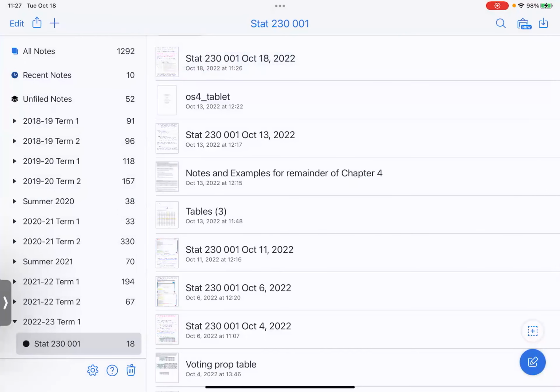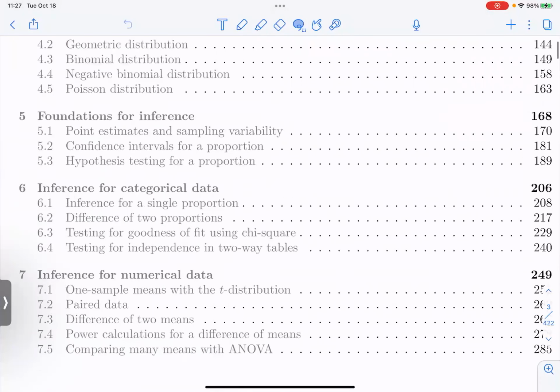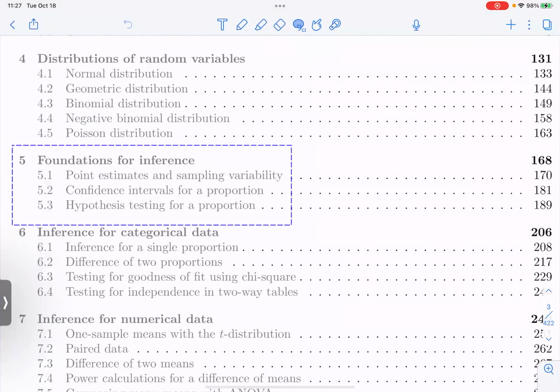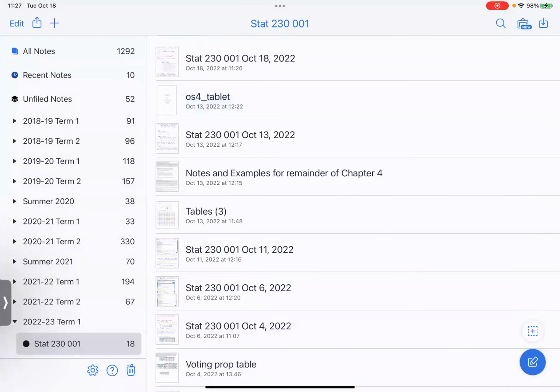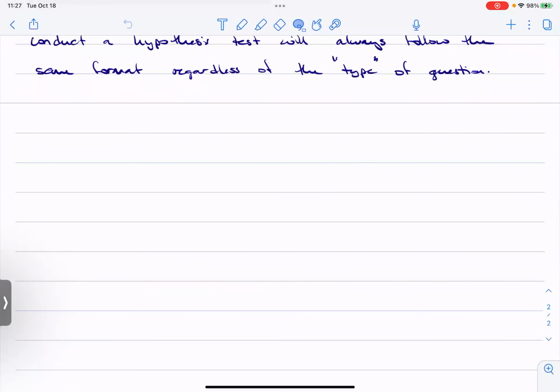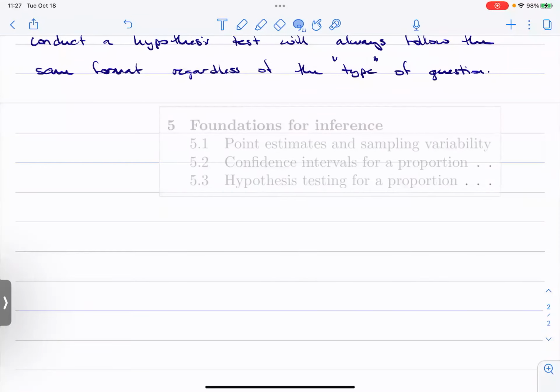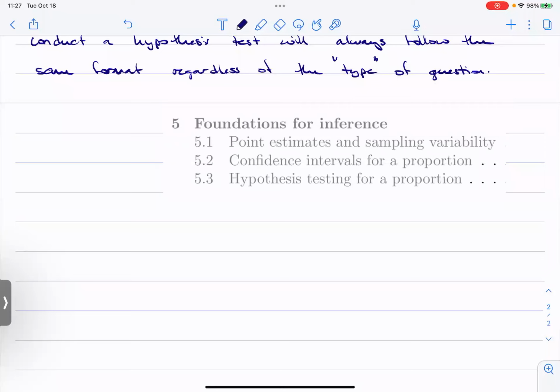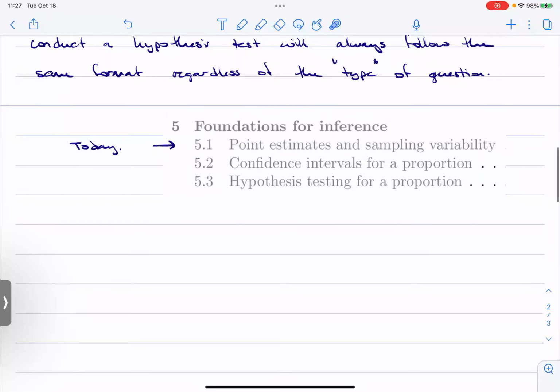In terms of chapter 5, we're going to do 5.1 today, which is really just establishing a few things and some ideas that we need.